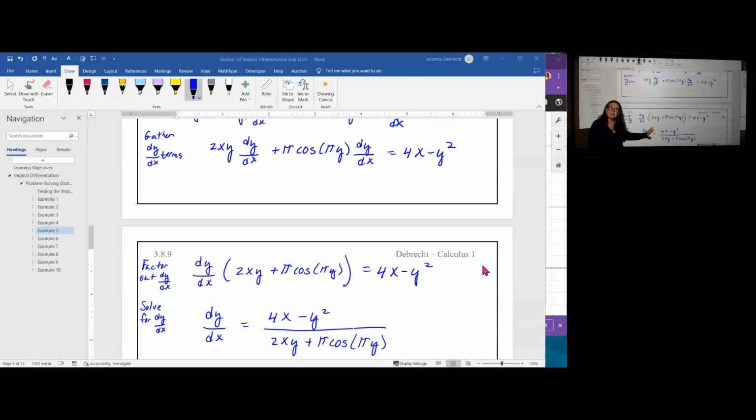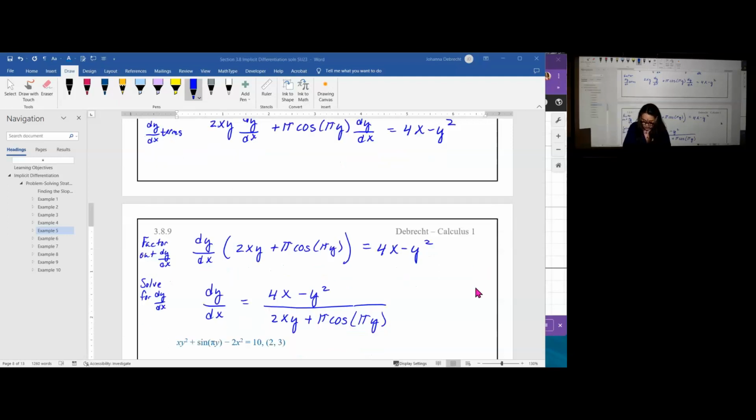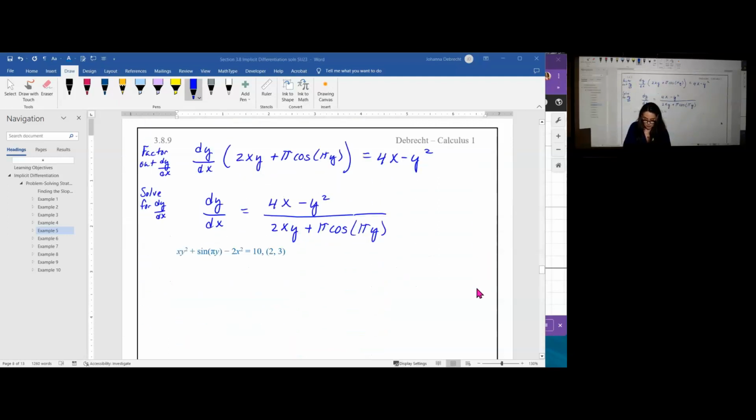In order to find the slope of the tangent line at a point, I have to have both the x and y coordinate because I have both x and y in the derivative formula. I rewrote the equation and the point down here so we would be sure we knew what we were looking for.